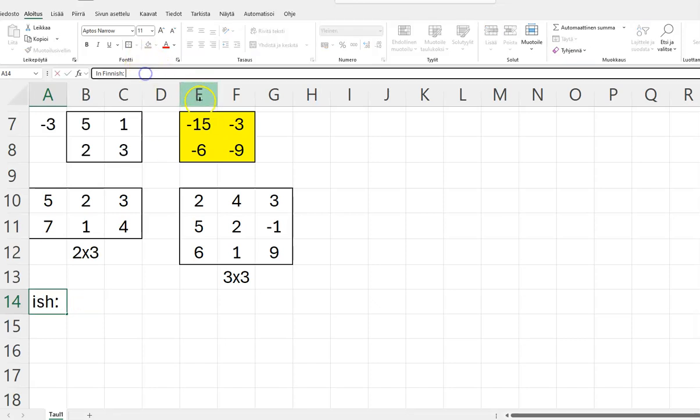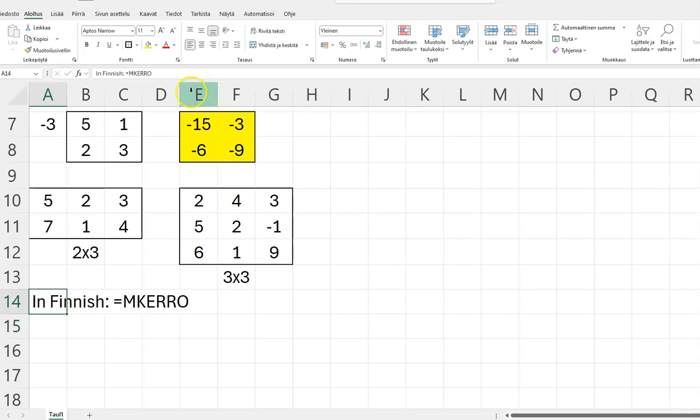This command is mkerro. This kind of command, mkerro. But in the English version, because I have Finnish, you can see there is Finnish text in the Excel. In the English version, you have to use mmult. This kind of command.